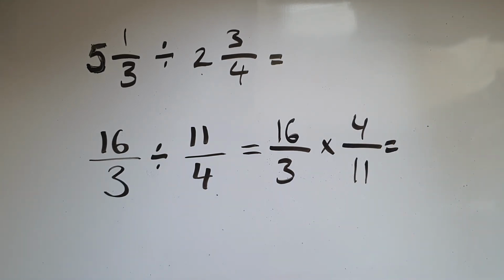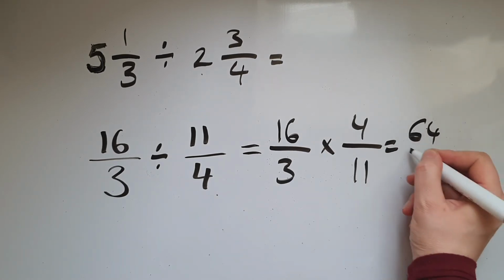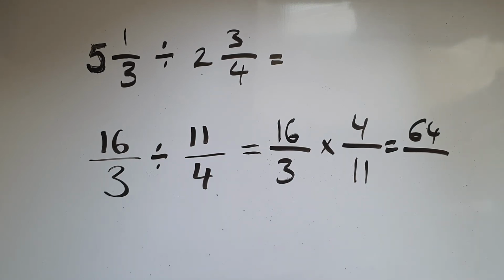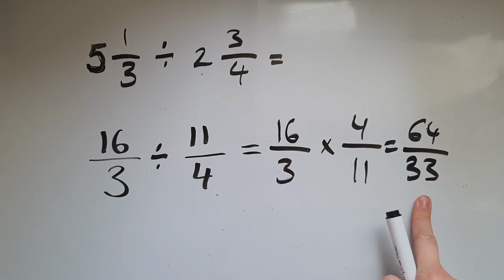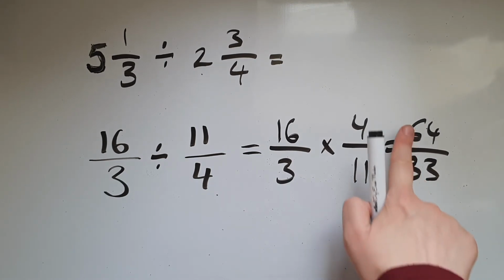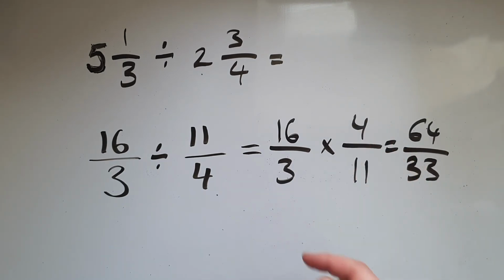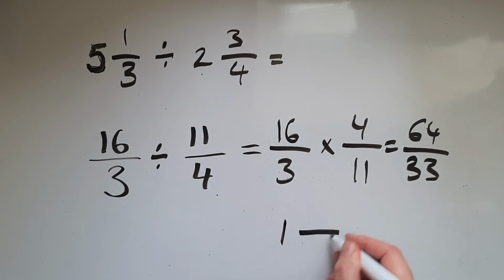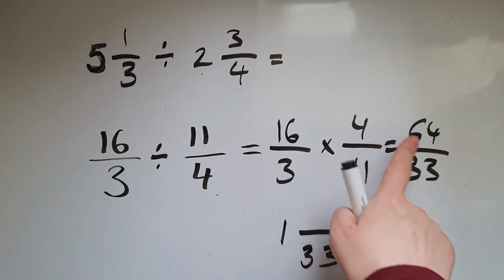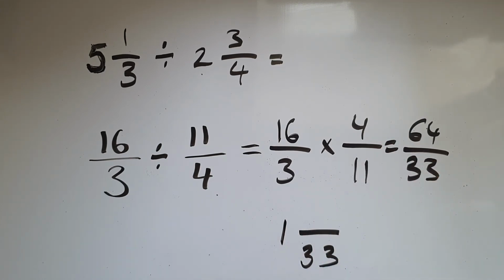So we'd go 16 times 4, which is 64, and 3 times 11, which is 33. Now again, we can convert this into a mixed number, and only one lot of 33 fits into 64, because 2 lots would be 66. So we can say 1 and how many of them? So 64 take away 33, that leaves us with 31.